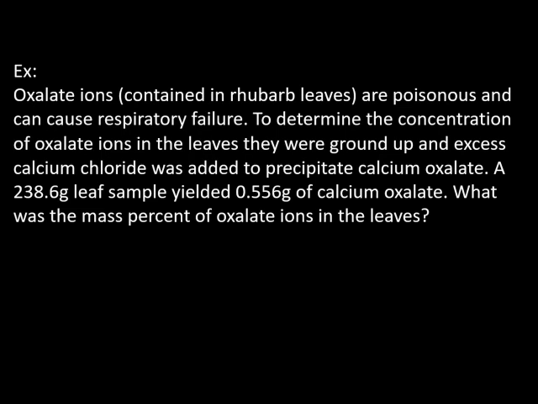From that, you can figure out the mass percent of oxalate ions in the leaves. Let's say we have 238.6 grams of leaf, and we end up with 0.556 grams of calcium oxalate precipitate. What's the mass percent of the oxalate ions in these leaves?